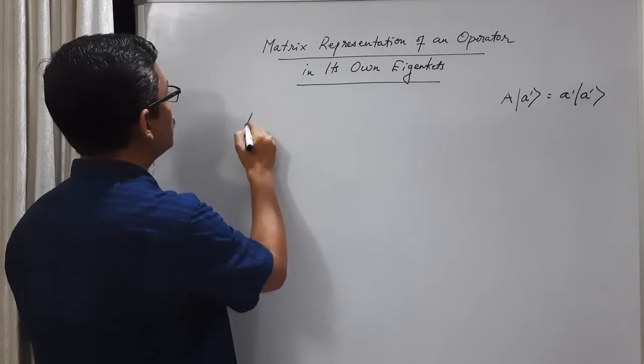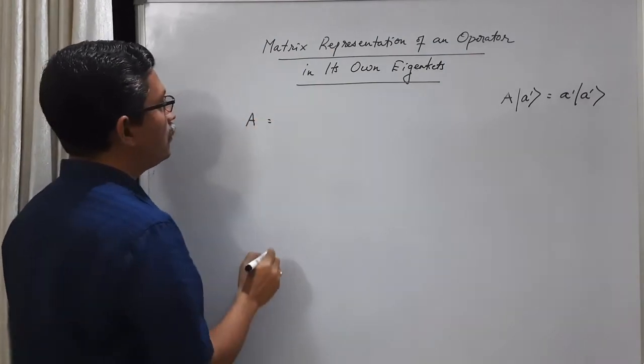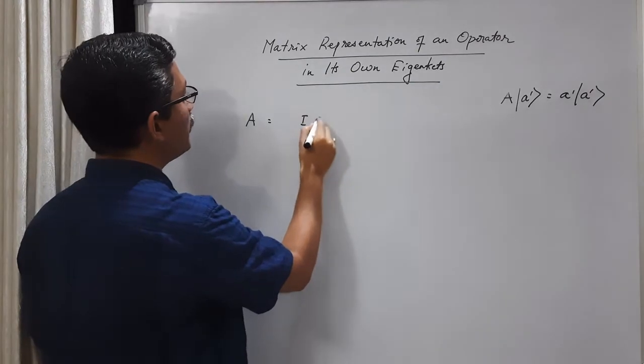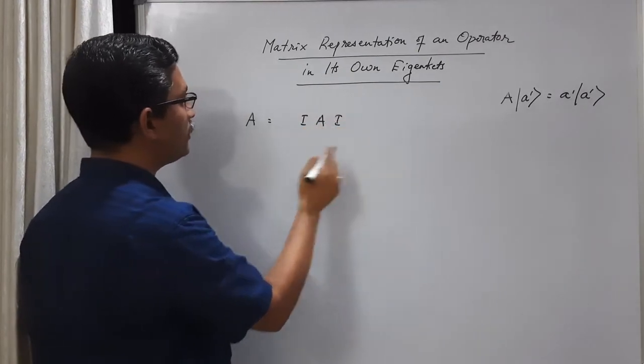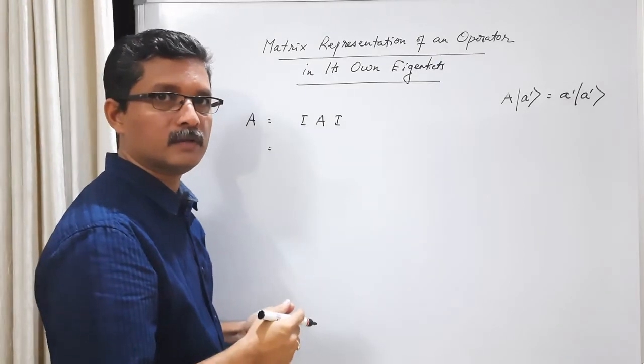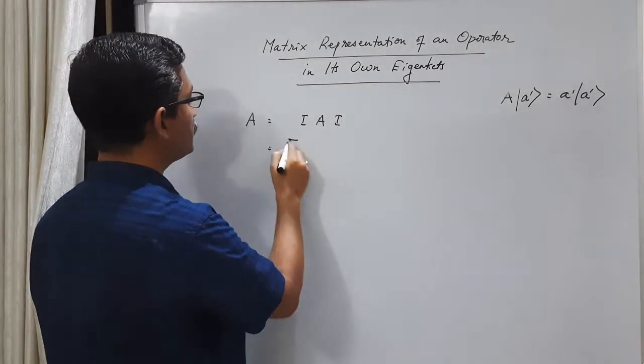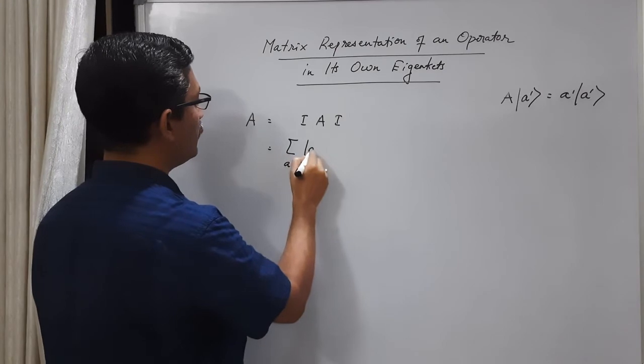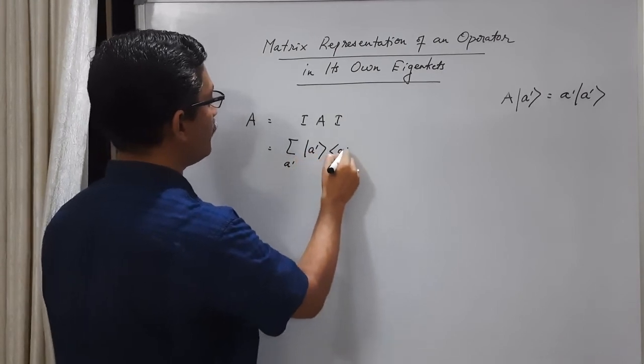So let us start with A. As before, I am introducing on both sides the identity operator, and instead of the identity operator I am invoking the completeness condition of the base kets. So here, summation over A prime, ket A prime, bra vector A prime.